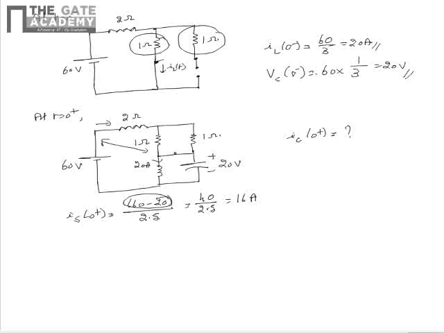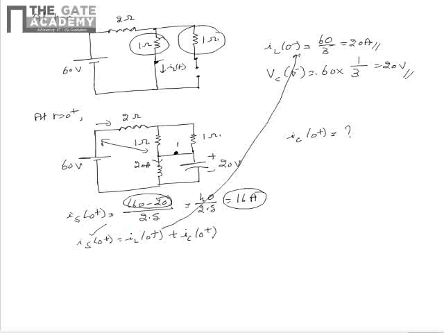Now by applying KCL at the node marked, that is 1, we see that IS of 0 plus is equal to IL of 0 plus plus IC of 0 plus. We know that IS of 0 plus is 16 ampere.